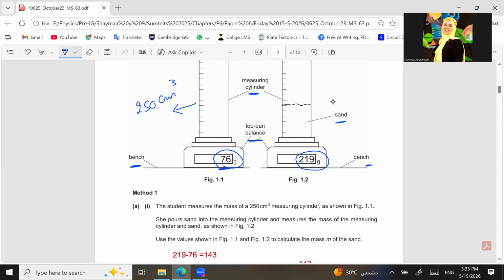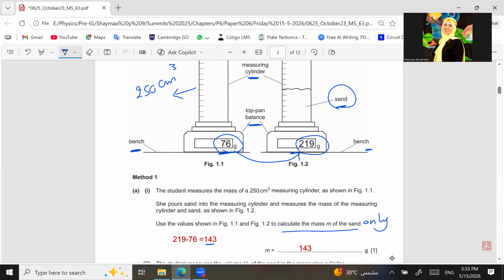And then after adding the sand, the mass will be 219. So now I need to calculate the mass of the sand only. I'm going to subtract 219 minus 76, which will be 143. Sure, I need to write the unit, and I check whether the unit is written or not. I have grams, so yes, the unit is written, so I'll take the mark.